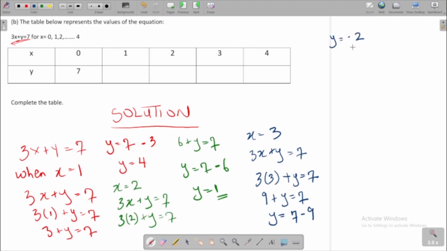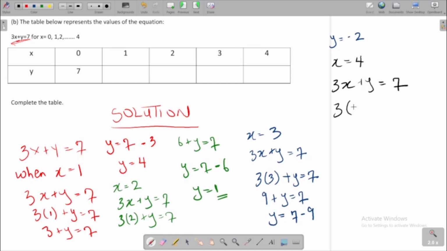So the next one is when you have your x equal to 4. When you have your x equal to 4, you have 3x plus y is equal to 7.